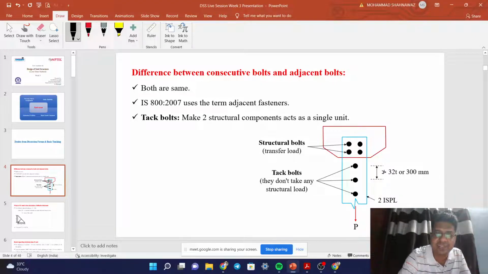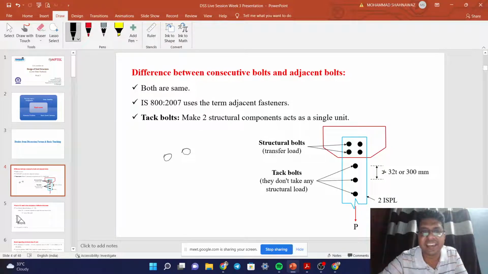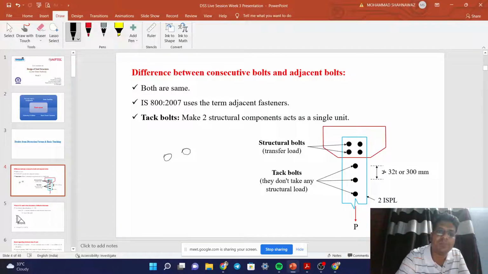Here you can see that if two bolts are very close to each other, we know that initially all bolts don't share loads equally. So it might be possible that this bolt will be more stressed than this bolt. Then, when bearing increases and the plate deforms, these two holes come together and make a big hole. So that's why we put this limitation.